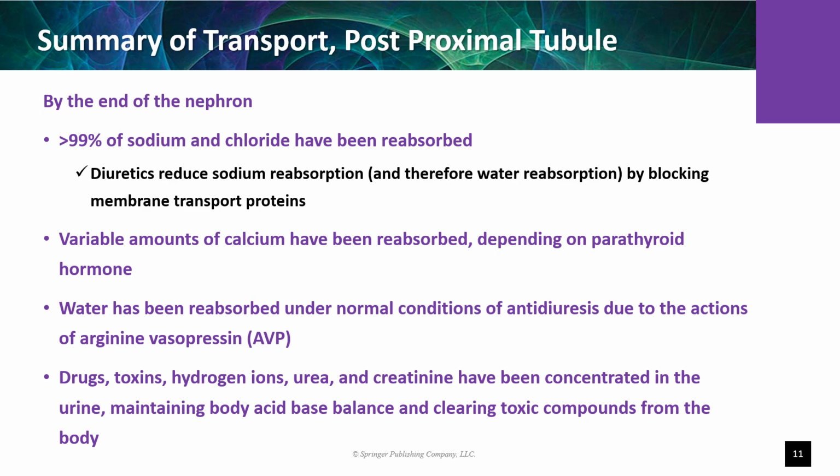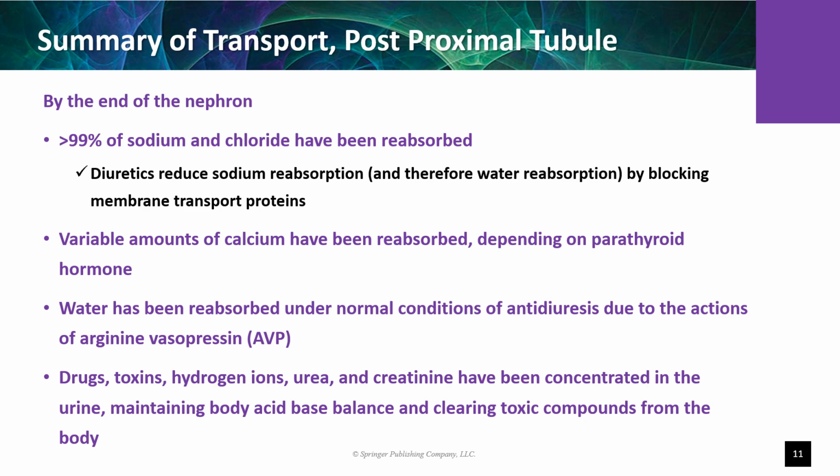The proximal tubule processing is high volume without fine-tuning the concentration of the tubular fluid. The distal tubule and the collecting duct are sites where solute concentration of urine is refined and the urine volume is adjusted in response to the homeostatic needs of the body.